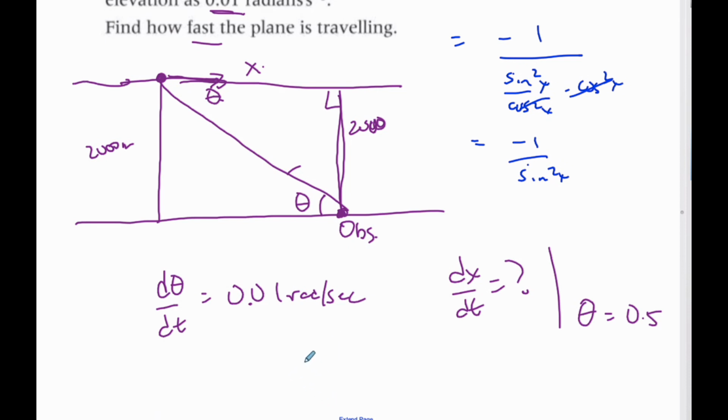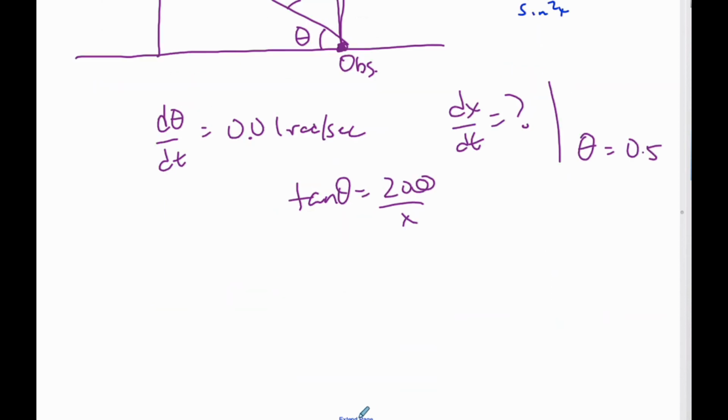So I know that tangent theta is equal to opposite 2,000 over, not hypotenuse, adjacent, and so if I rewrite this, x is equal to 2,000 over tangent theta.